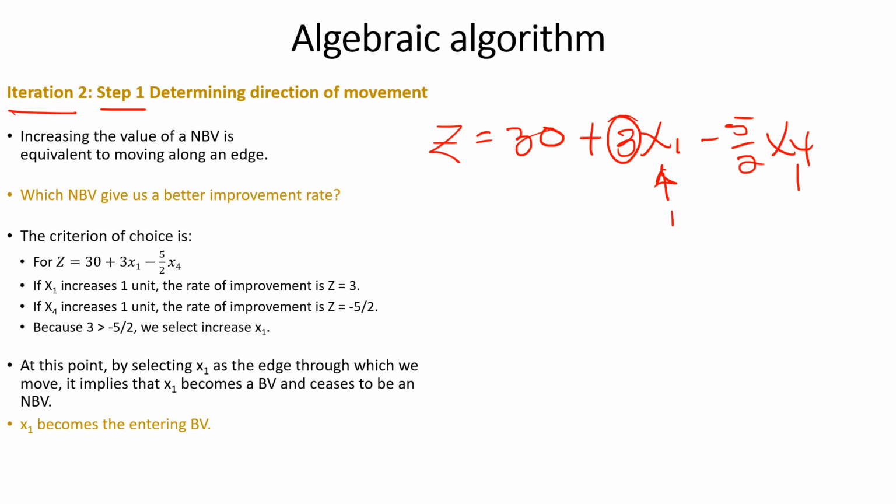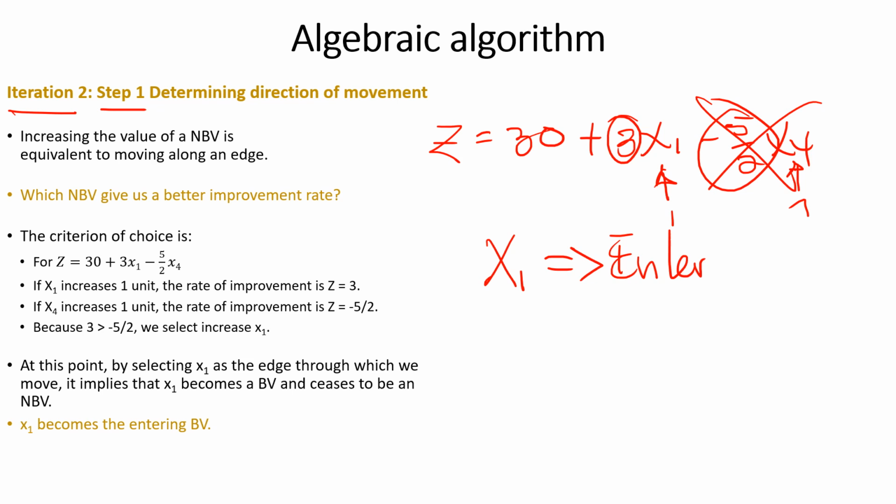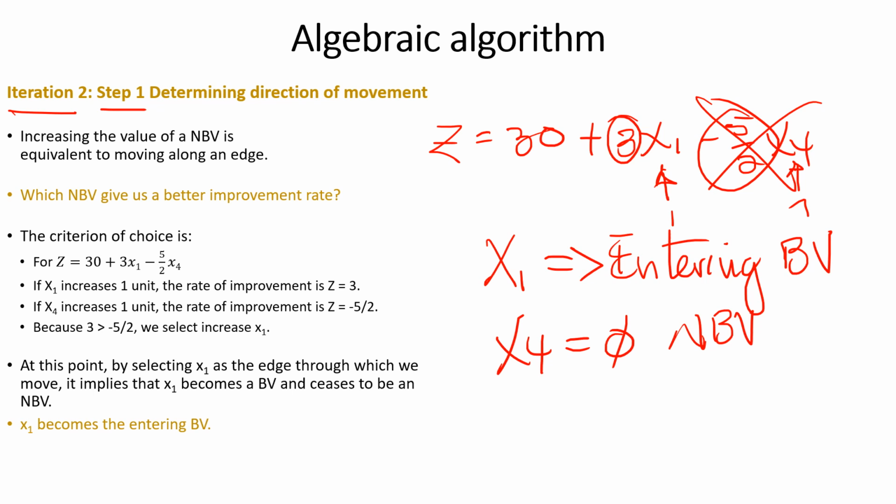And if I change x4 by 1 unit, it's going to be negative. So this is definitely not an option. That means that x1 now will become the new entering basic variable. x4 stays exactly the same, equals 0, and this is the non-basic variable.